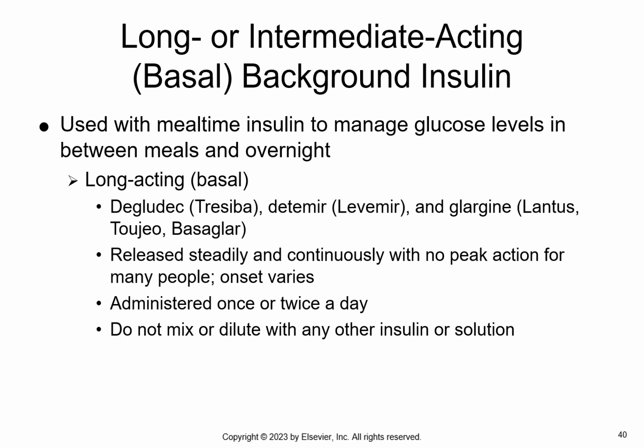It has a duration of 12 to 18 hours. The disadvantage of NPH is that its actions peak 4 to 12 hours after injection, which can result in hypoglycemia. NPH can be mixed with short and rapid-acting insulins. It is never given IV.